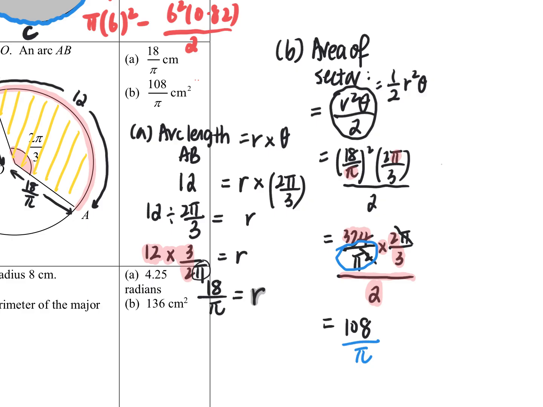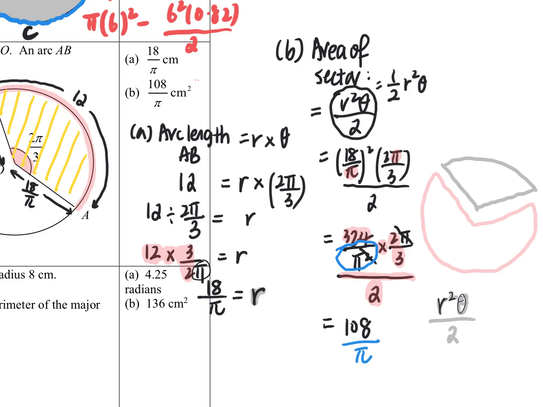So I just want to address whether the question says area of sector, whether they want the minor one or the major one, it is the same formula. The formula for sector is r squared theta over 2. This one I need to clarify because every year I have students mixing this up.